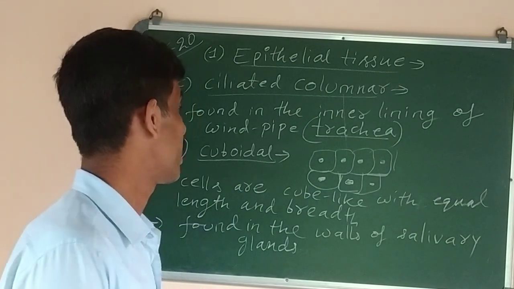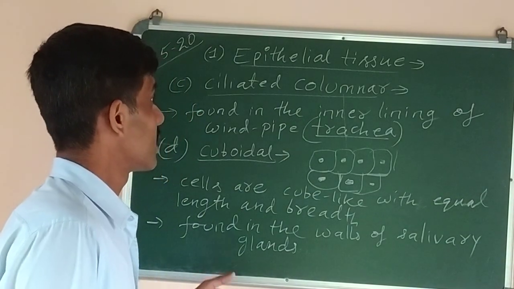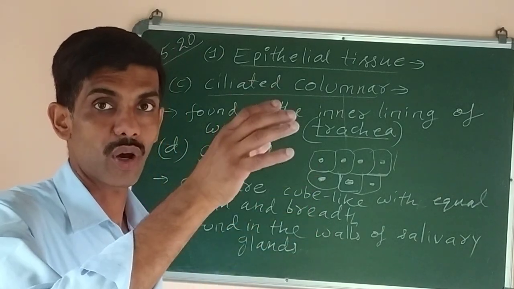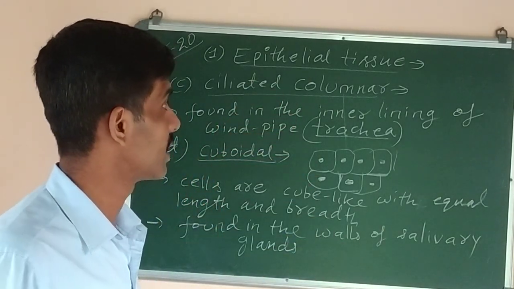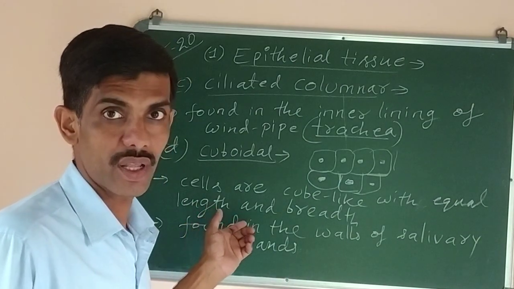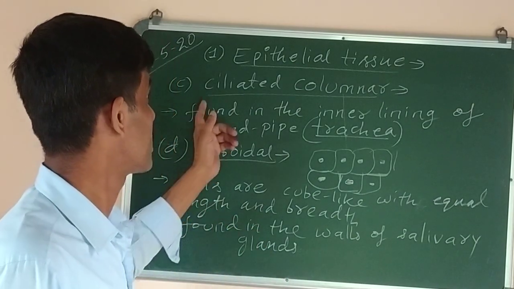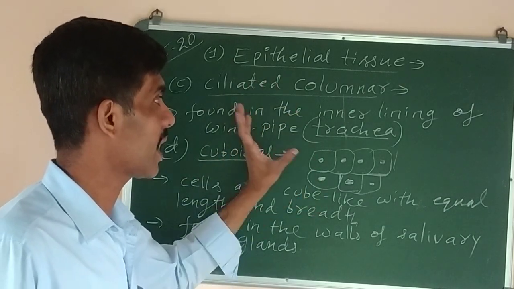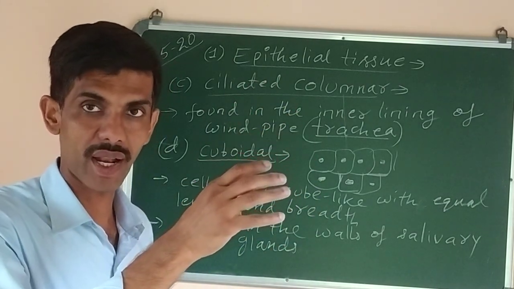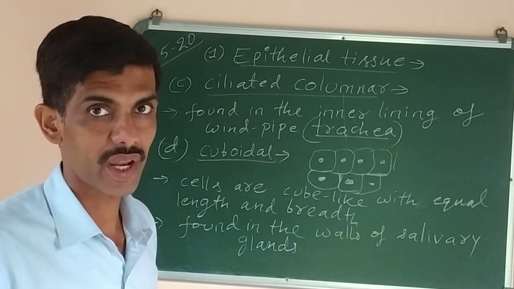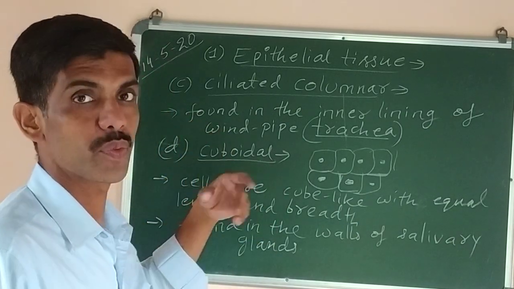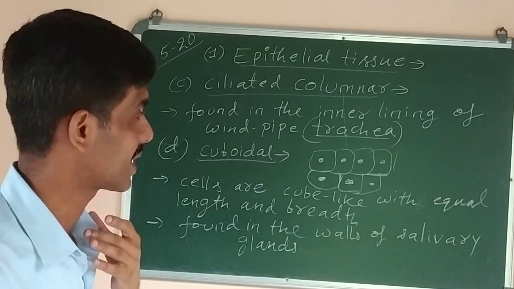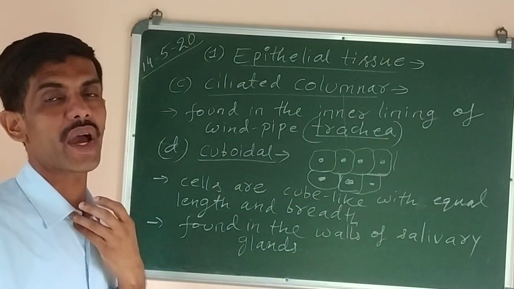And then we studied the second one, that is columnar epithelial tissue, in which the cells appear tall like columns or pillars, and they are found in stomach and intestine. Then we studied the ciliated columnar epithelial tissue. It is made up of the same column-like or pillar-like cells with cilia at one end, and the cilia help to propel or throw away the dust particles or unwanted substances which enter our respiratory tract.